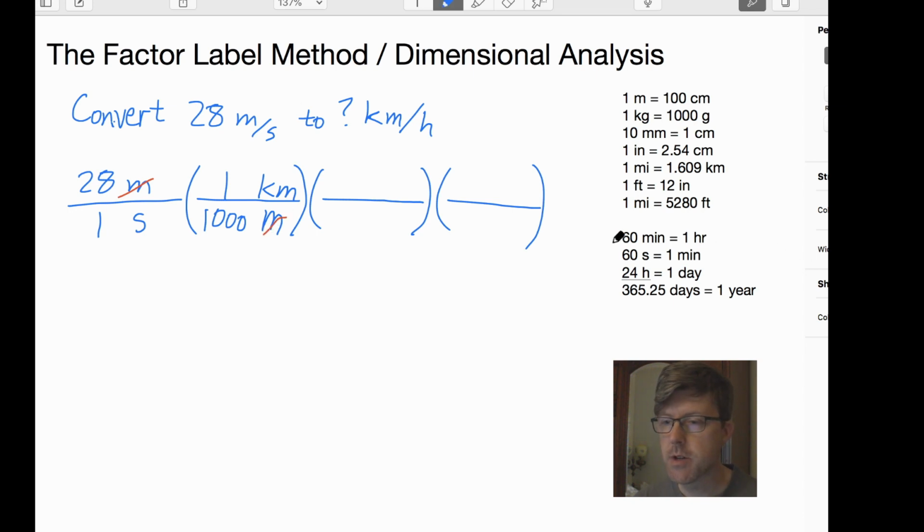And now we're going to keep going. So now we have kilometers per second once we do the calculation. So kilometers are done, but we now have to work on the seconds and turn that into an hour. So we need to put seconds in the top. And now we need to figure out what conversion factor we're going to use. So seconds to something else. Looks like seconds to minutes.